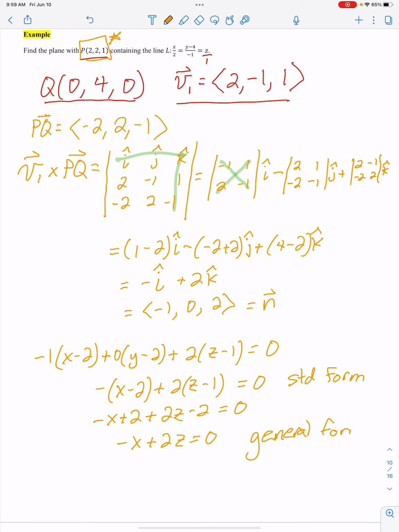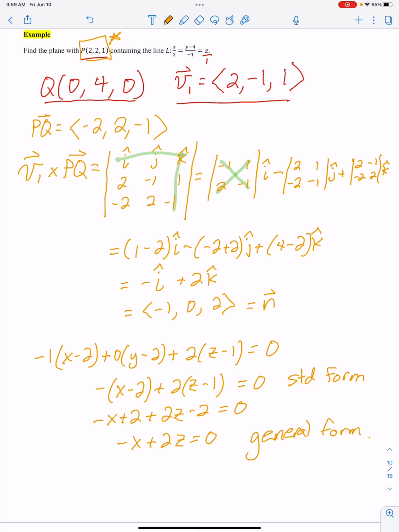All right, so what we're looking for often with stuff like this, if I have a plane, is one, does it give me a normal vector? And what we're looking at for that is, is it parallel to another plane, or perpendicular to a line given, or something like that?